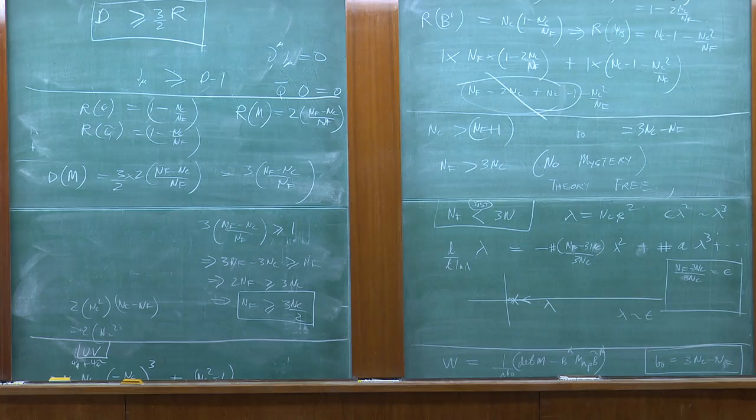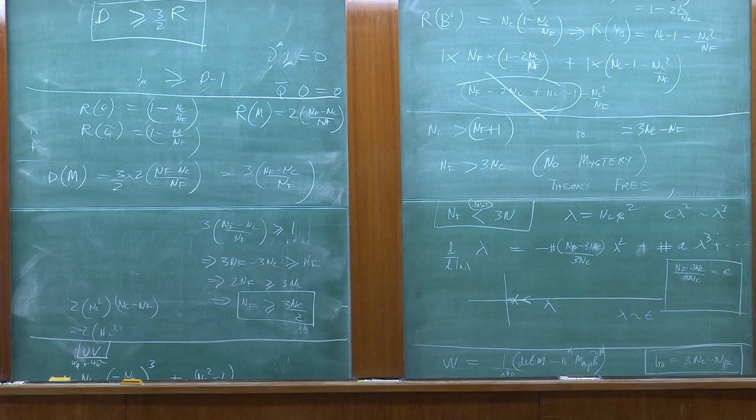Okay. Now, let's suppose we are at numbers such that 3 NC by 2 is an integer, so that NF can be equal to 3 NC by 2. So the first thing we've got is the answer to the question of how far down in epsilon this picture can go. Certainly it cannot go below this.